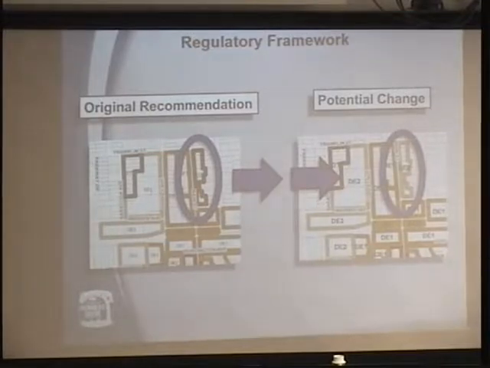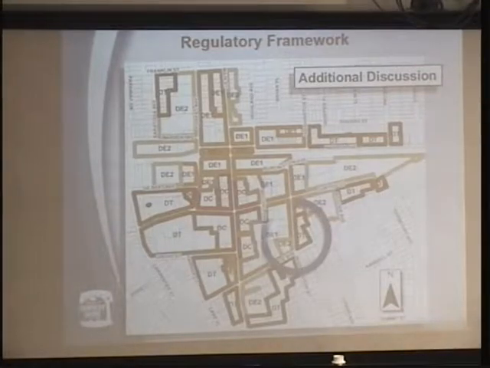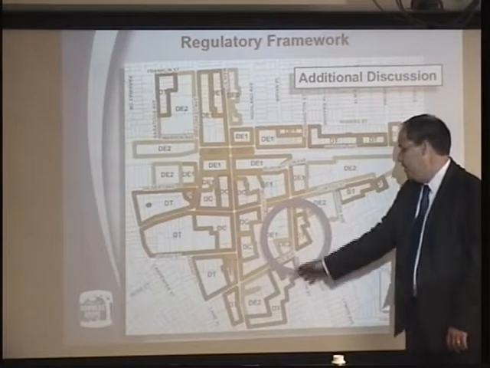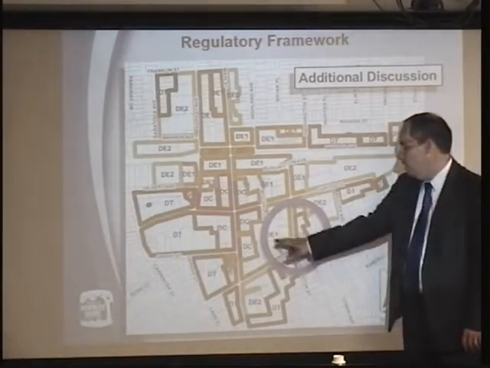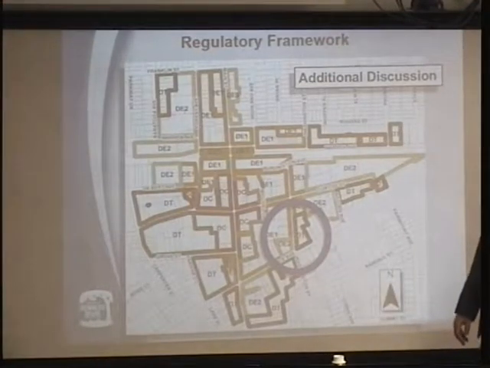I'll move on to the next 2 areas that we would like to see some additional discussion on. So this is the map as it is currently. The first area is at Maple, the north corners of Maple and Washington here. So if we start on the northwest corner, this is the parking lot here. That one parcel is designated as DE2.